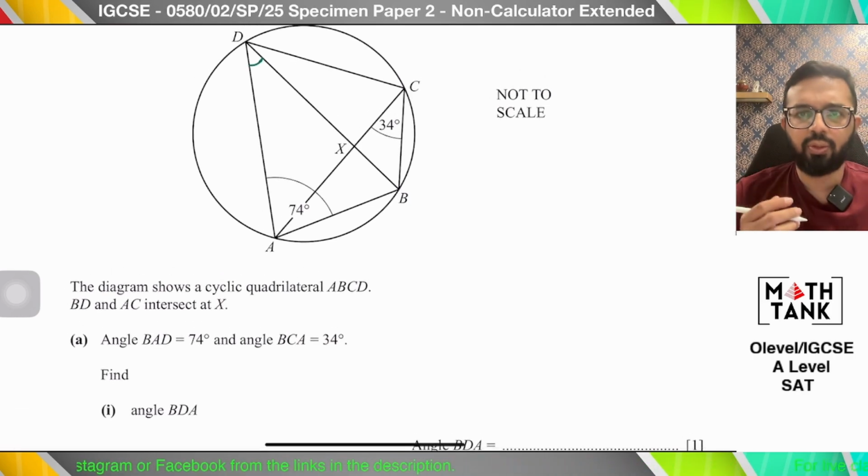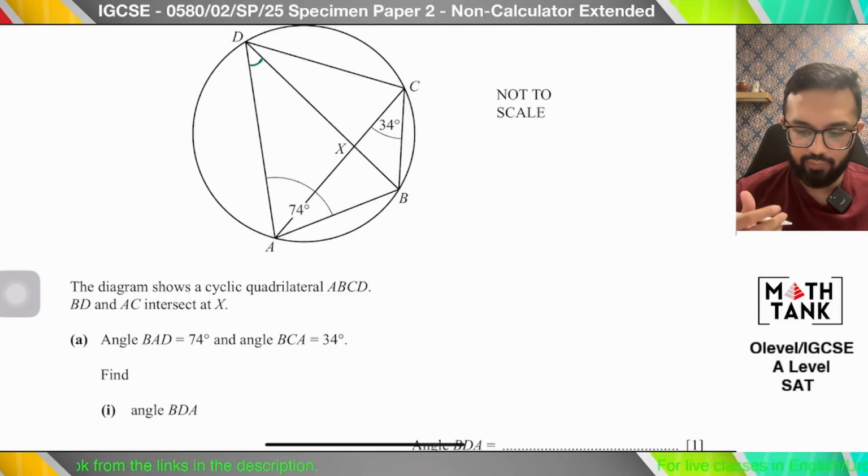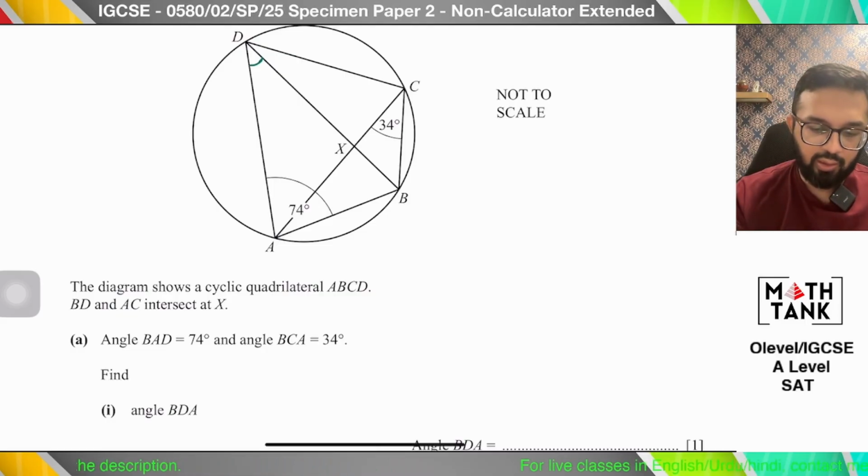Now, whenever I am doing these questions, my general tendency is to find as many angles as possible. I think this is a simple one. This seems at 34, so this should also be 34.